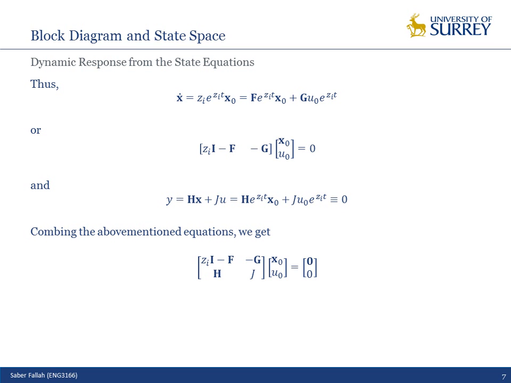Correct? Is that clear to everyone? So, in order to have a non-trivial solution for this one, what condition should be satisfied? The determinant of this matrix should be equal to 0.